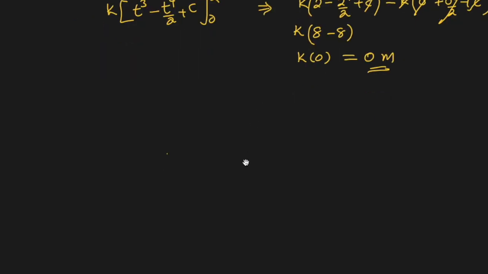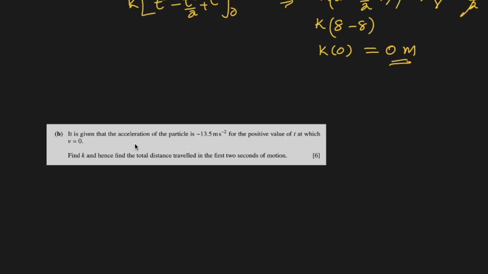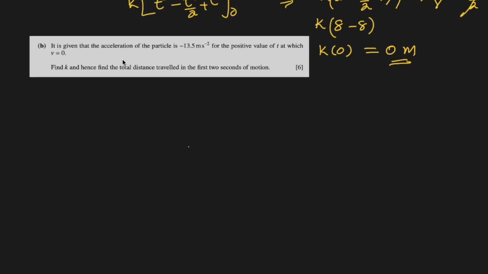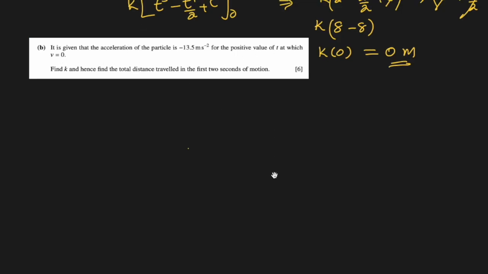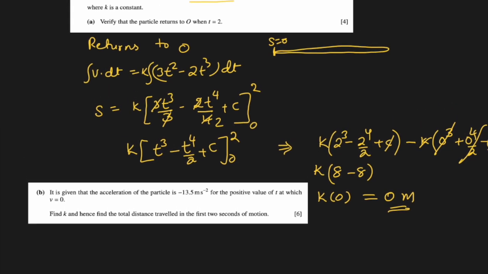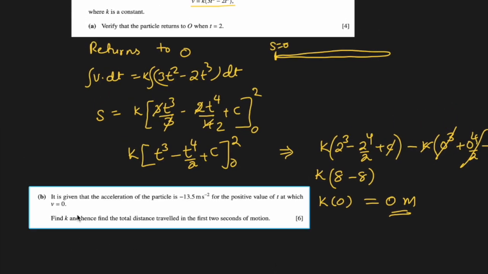What is the next part? Next part is this. It is given that the acceleration of the particle is minus 13.5 meters per second square for the positive value of t at which v is 0. Earlier we equated s equal to 0, so now we have to make v equal to 0. So 0 equal to k times (3t square minus 2t cube).